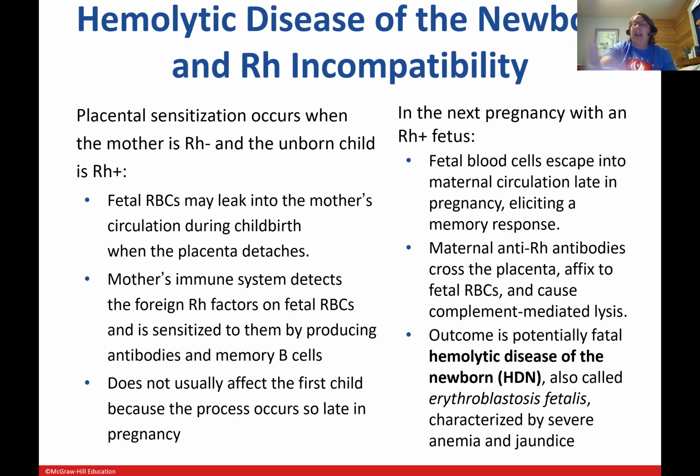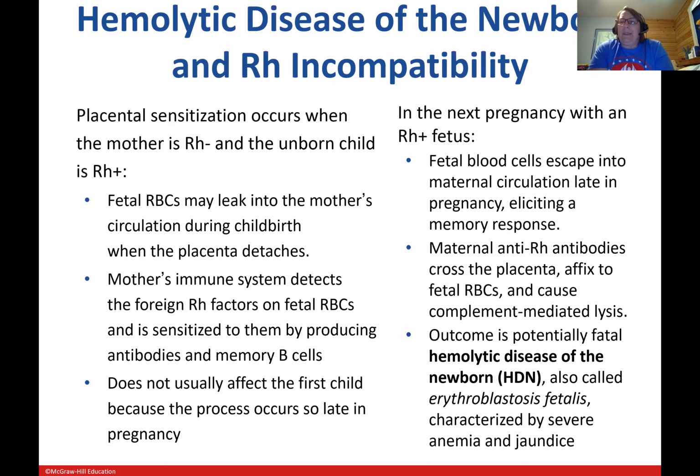So it will cross, affix to those fetal red blood cells, and basically lyse the baby's red blood cells. So it will burst open all of the baby's blood, and essentially it is going to kill off the baby's blood cells and ultimately kill the baby if it's not addressed.